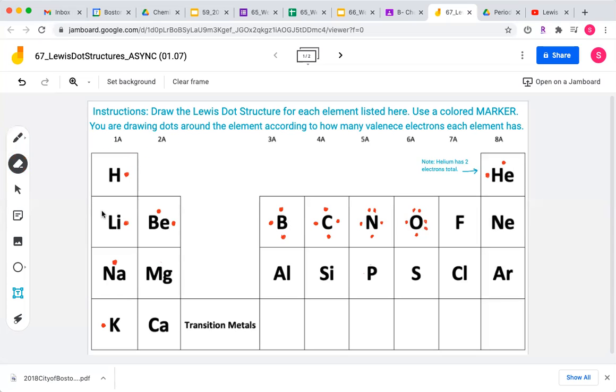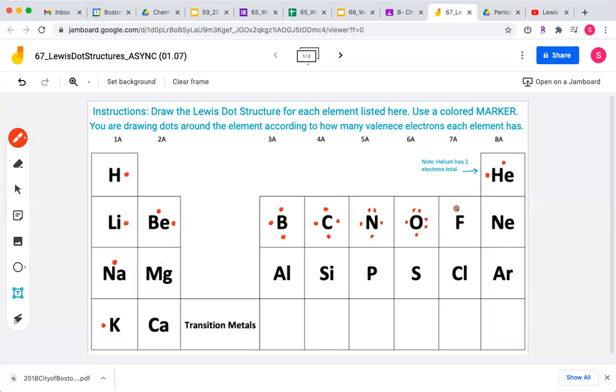And if you ever mess up your dots, you can choose the eraser tool and kind of erase the dots and redraw them. I do want you guys to make this as neat as possible. All right, so 6 valence electrons for oxygen, and fluorine has 7, right?